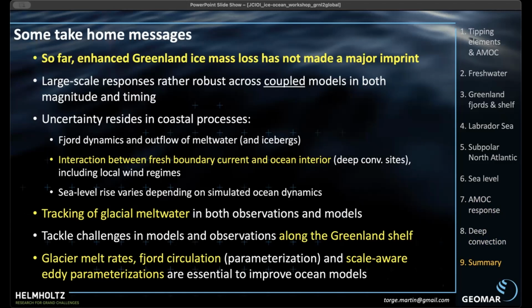That's something Renske Gelderloos, for example, is simulating at Delft University. Very interesting stuff. It says a lot about going fjord by fjord, like going ice shelf cavity by ice shelf cavity in the Southern Ocean.